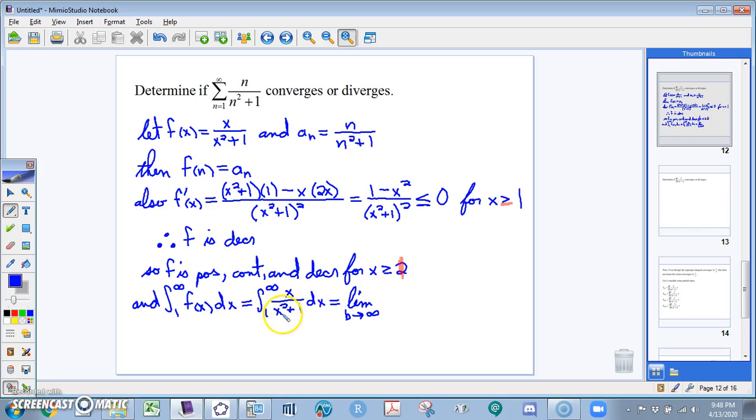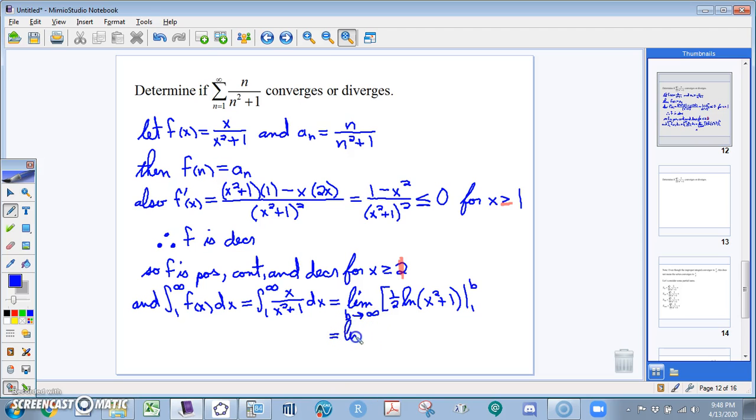The numerator is almost the derivative of the denominator, I'm just missing a 2. So I'm going to get 1/2 natural log of the absolute value of x squared plus 1. However, I know that x squared plus 1 is always positive. And we're going to evaluate that from 1 to b, but then take the limit as b goes to infinity.